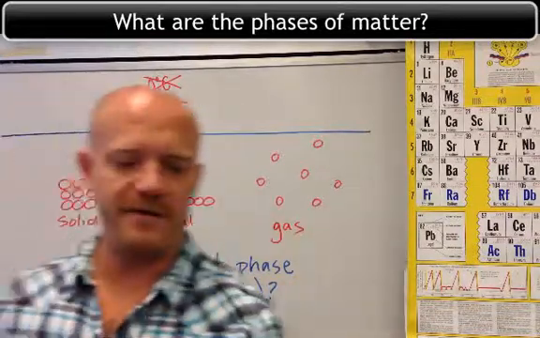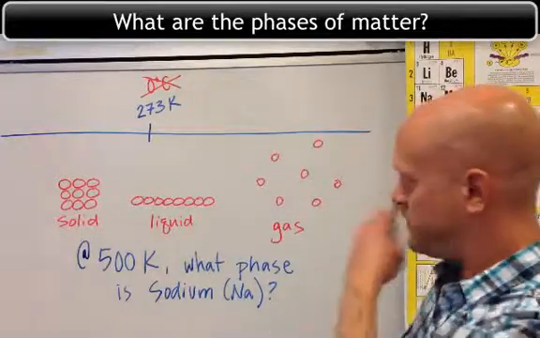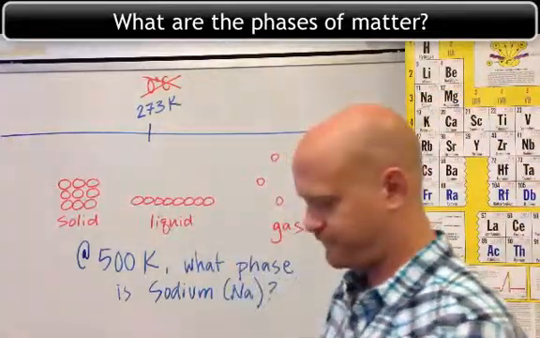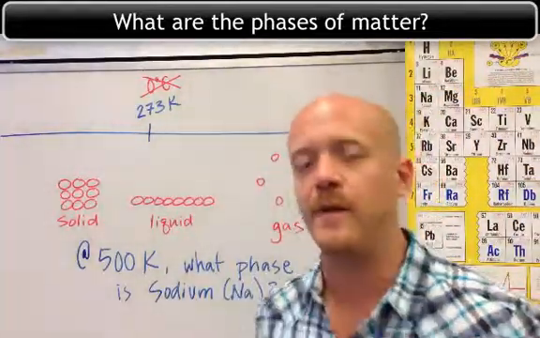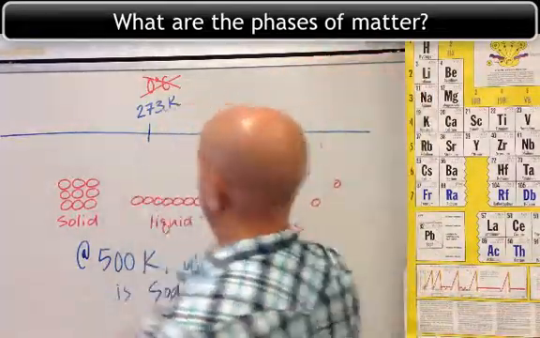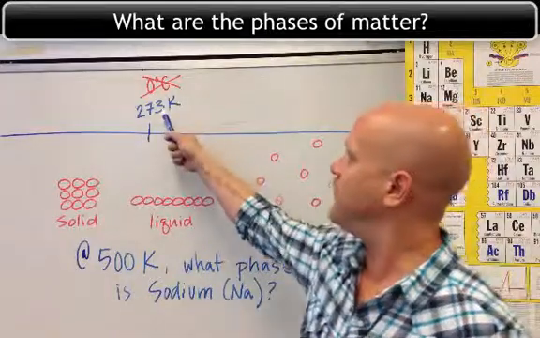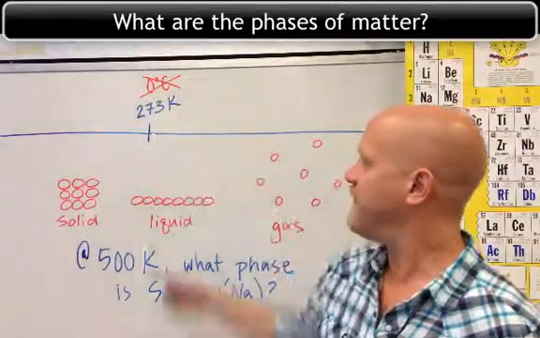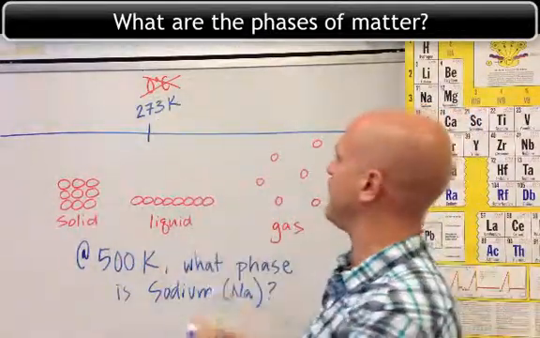The way that we figure out these questions is we first determine where the melting point and the boiling point are. So if we consider this as a number line, we have 273 Kelvin. 500 Kelvin is going to be greater.